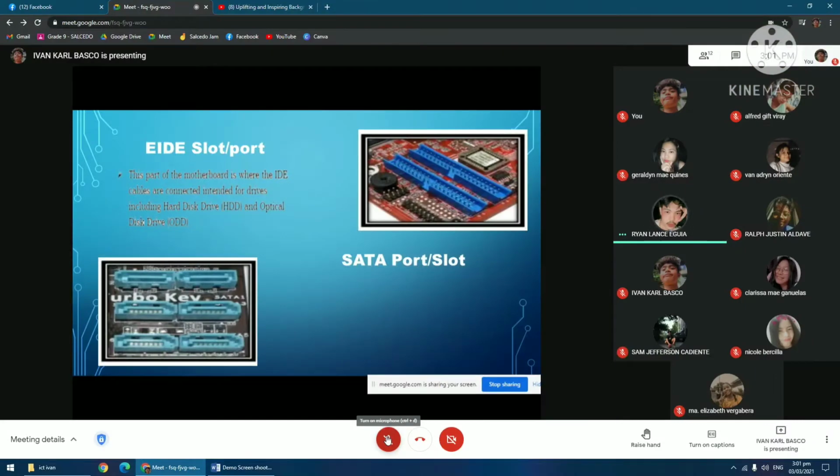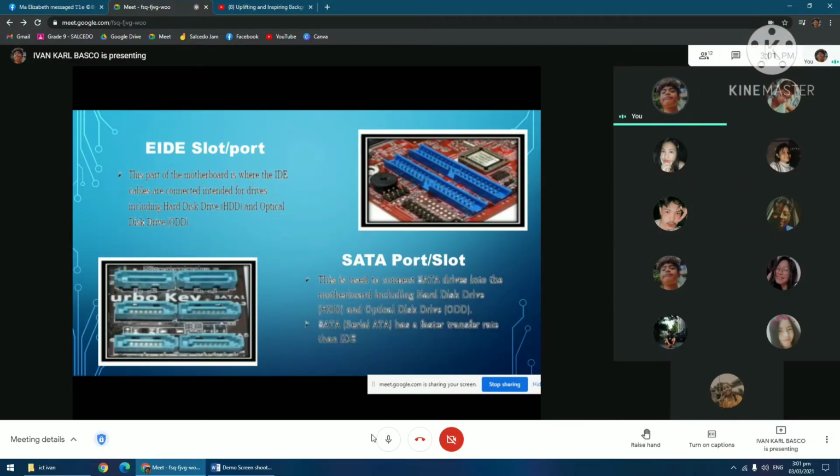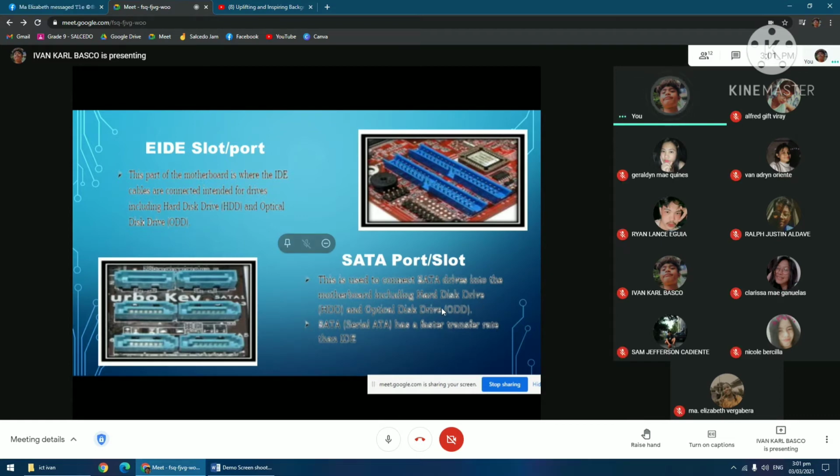Basically, in order to connect hard drives to a PC, you need an interface. SATA is an interface that is used to connect ODD, HDD, and CD drives to your motherboard. So basically, it is just like the IDE, but it's faster than IDE.